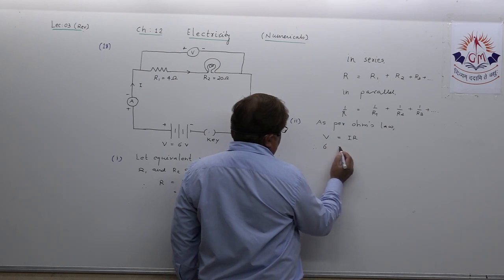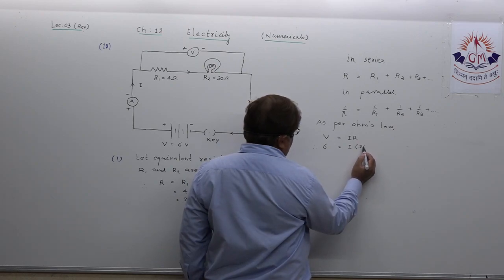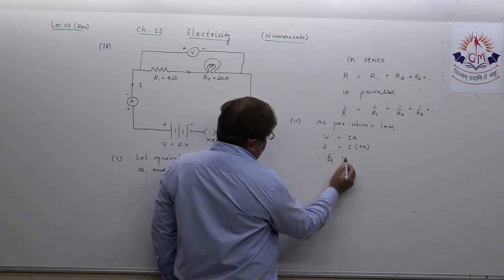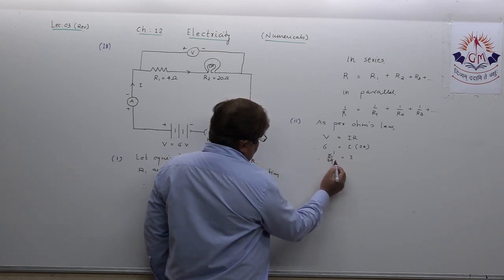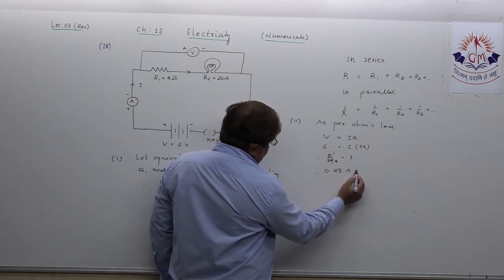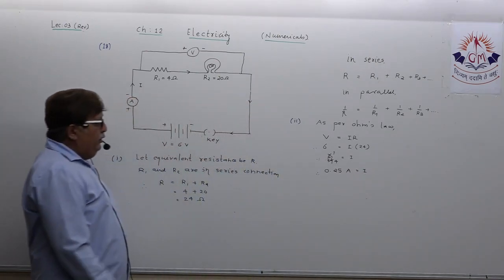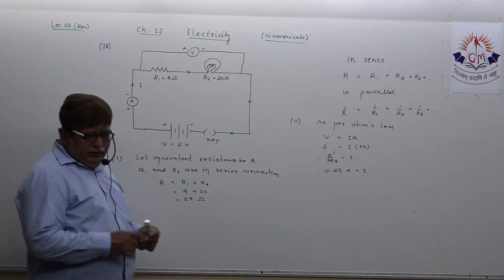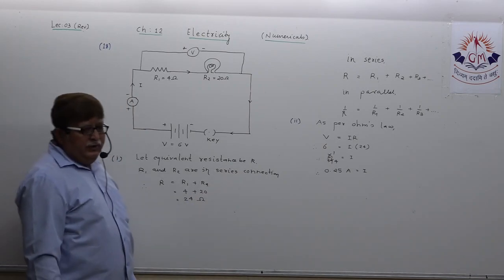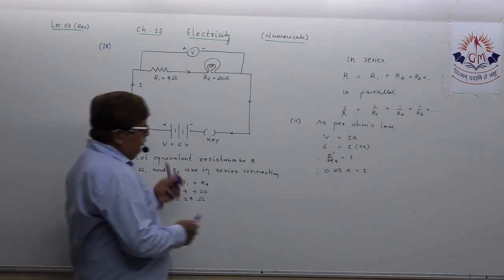V is 6 volt, R we have already found out as 24. So 6 upon 24 equals I, 1 upon 4, that's 0.25 ampere. We got it. So the electric current flowing in the circuit is 0.25 ampere, the second answer.